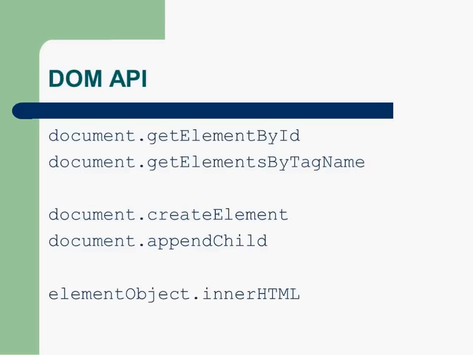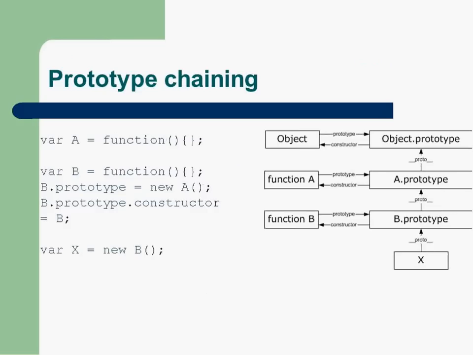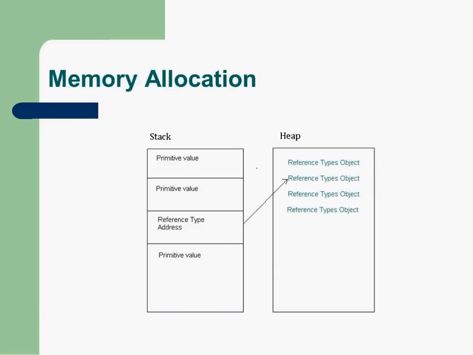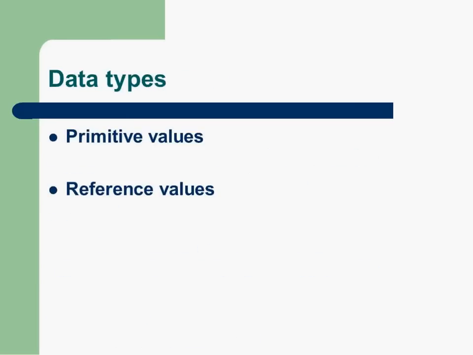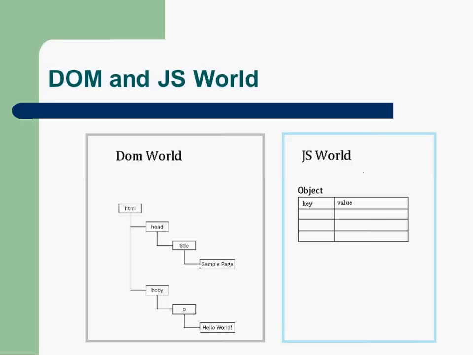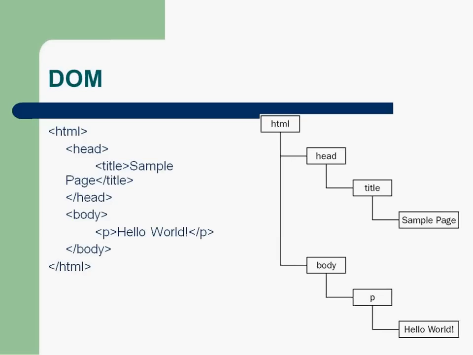And the DOM API. So let's go back to the DOM quickly. We had that slide. This one. So HTML becomes a DOM inside the memory. Your HTML is containing all that.